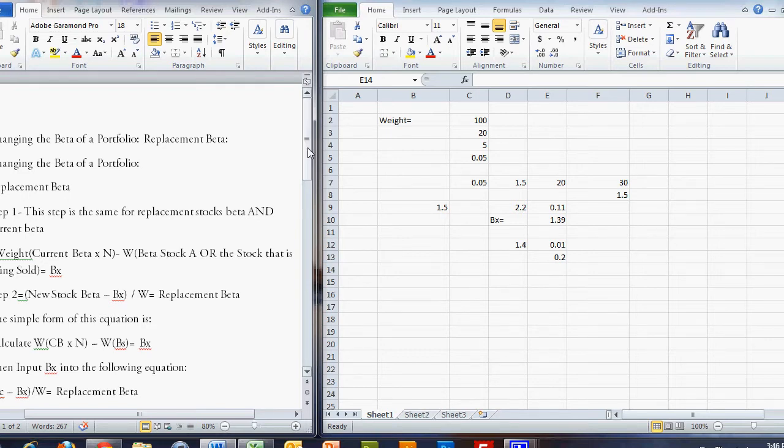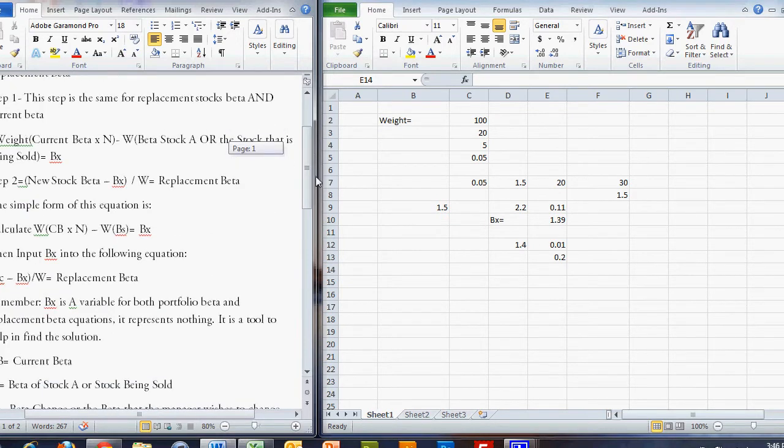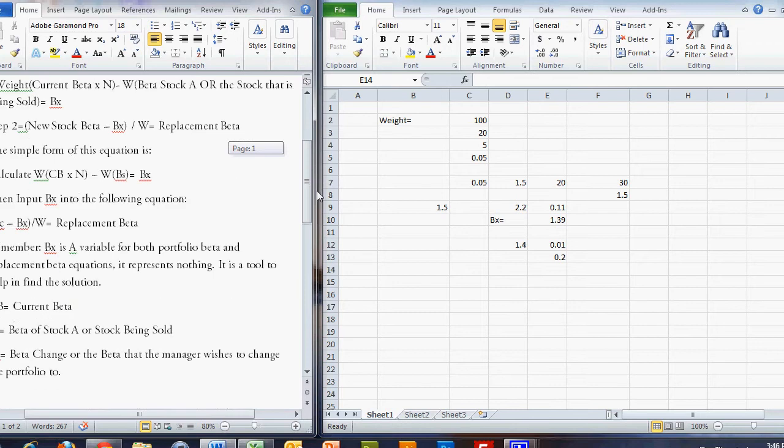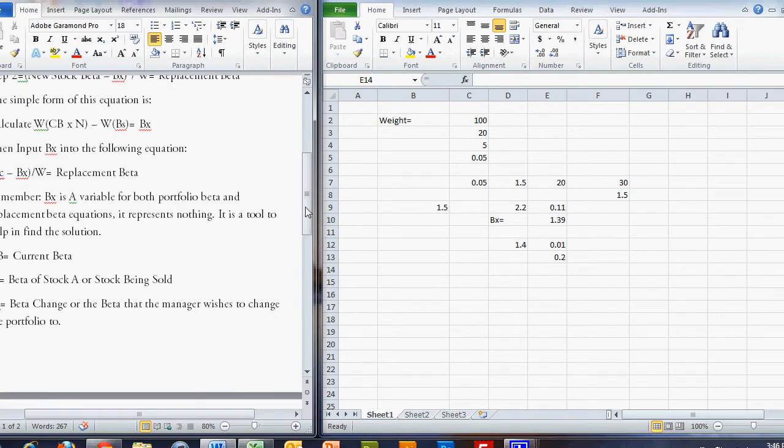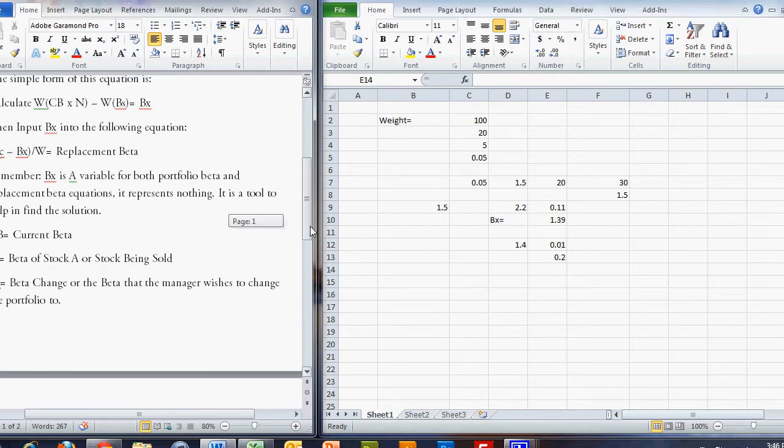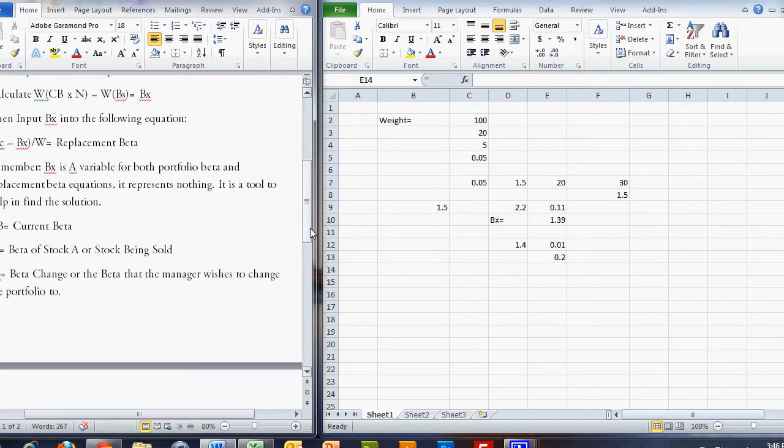It's something you use in order to find the solution of the equation. Step 2 is you take your new stock beta minus your BX divided by your weight, and that equals your replacement beta. So let's go ahead and solve a problem. Remember that BX is a variable for both portfolio beta and replacement beta equations. It represents nothing, it is a tool to help in finding the solution.